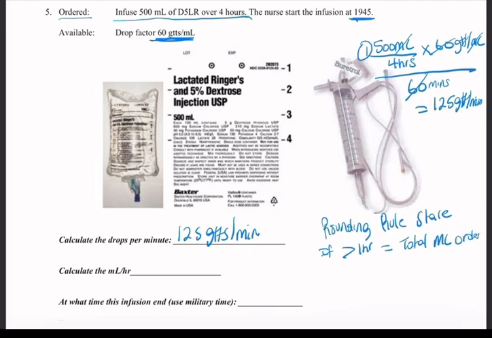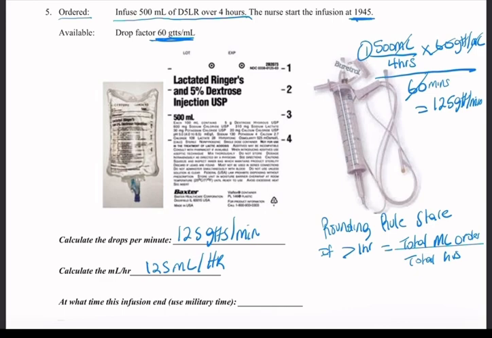I didn't just come up with a theory on my own. I follow a certain rule. And by practicing and practicing, it becomes easier. So that's how I'm left with 125 milliliter per hour.